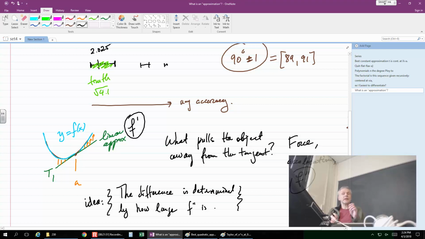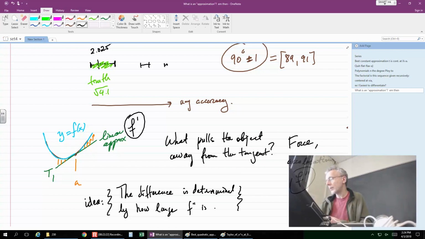This idea is now a mathematical idea. What separates a function from its linear approximation, the tangent line T1? The answer is the second derivative. You may have seen this idea in Calculus 1, where a linear approximation also comes with an error bound expressed in terms of the second derivative.